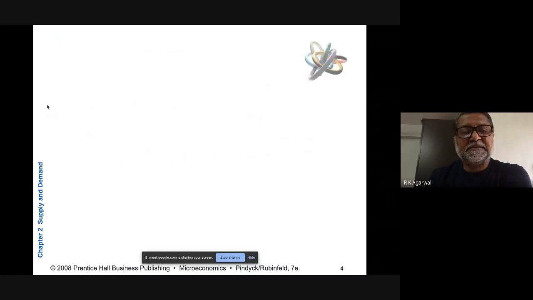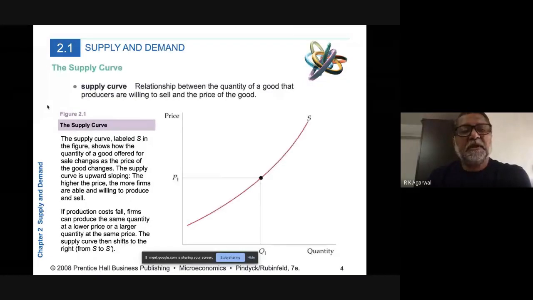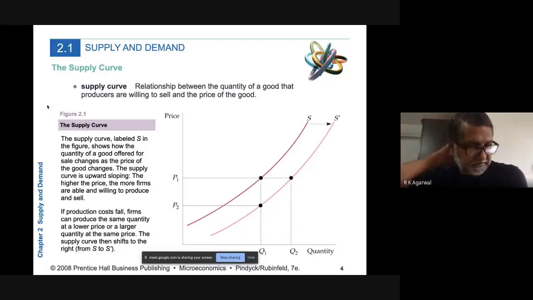Then we discussed the basic concept of the supply curve. Basically, there are two things. One is what is supply, and the other is what is the supply curve. These two are different things. So, what is supply? Supply is simply the willingness of the producer to supply a certain quantity of goods and services in the market at a given price.